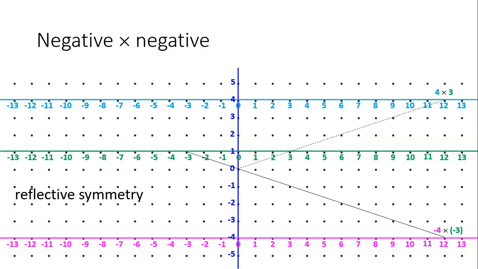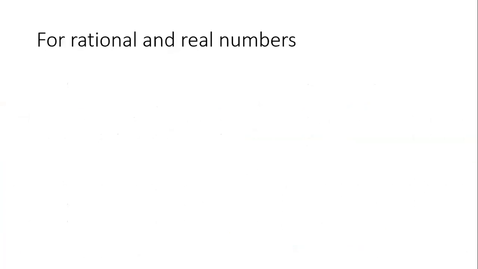So in this case, not only is the magnitude of these two products the same, but they are also on the same side of 0. So negative 4 times negative 3 is the same as 4 times 3. Okay. And as with the other two, this is also generalizable. So for rational and real numbers, you will get the same thing.